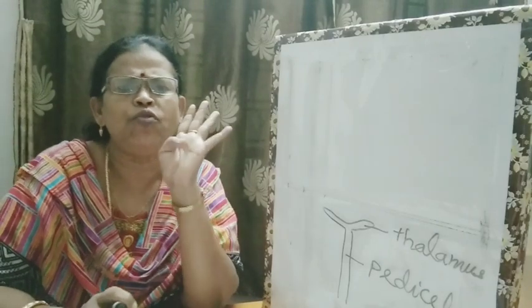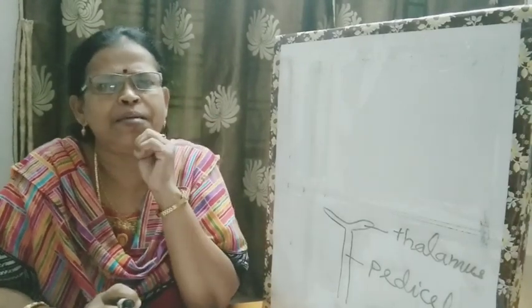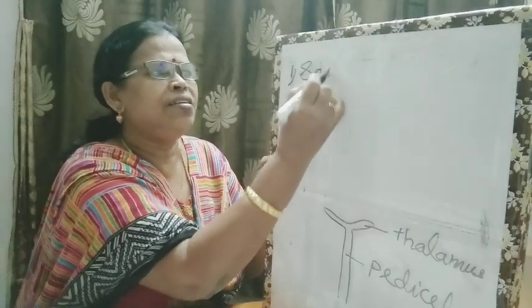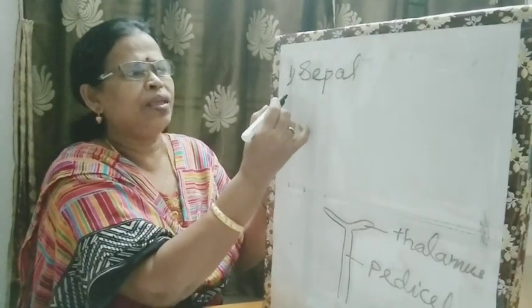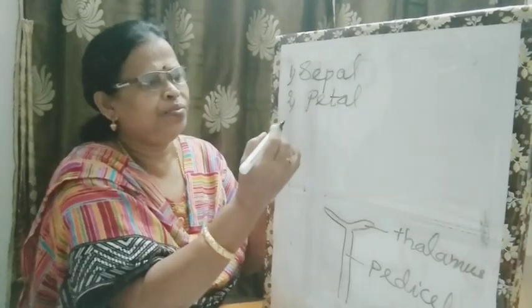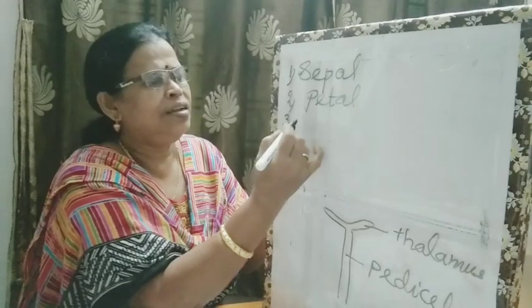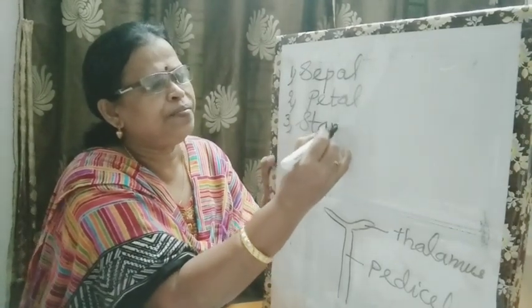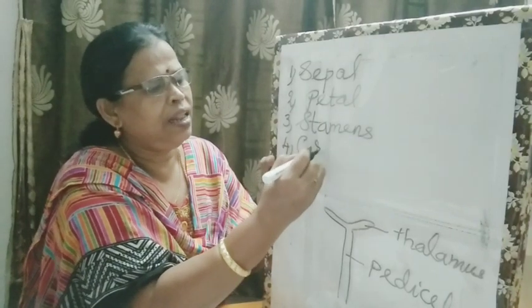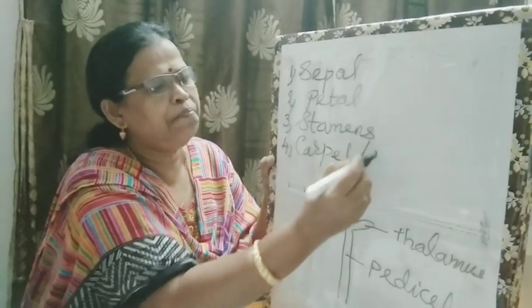There are four whorls of floral parts present. What are they? The first one, sepal. Second one, petal. Third one, stamens. And the fourth one, carpel or pistil.